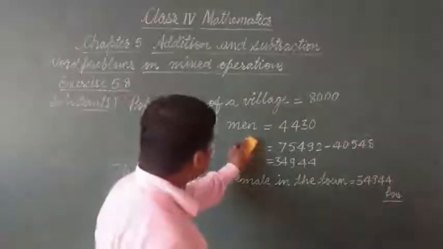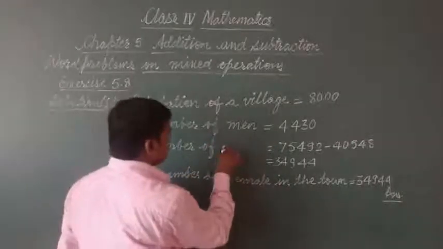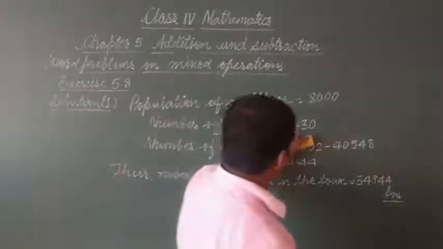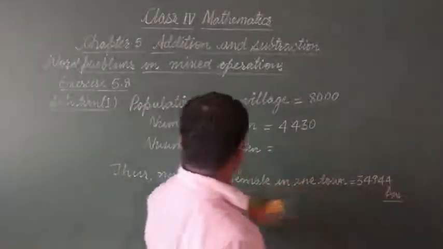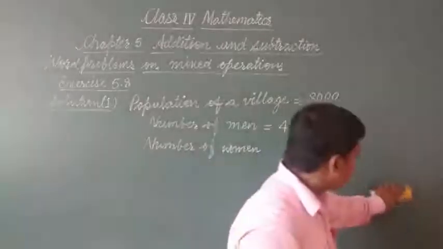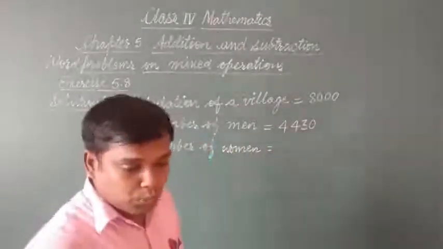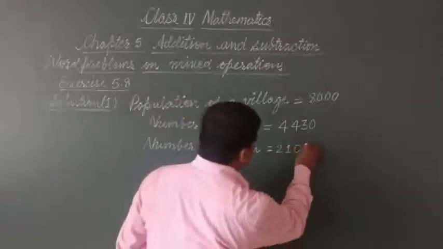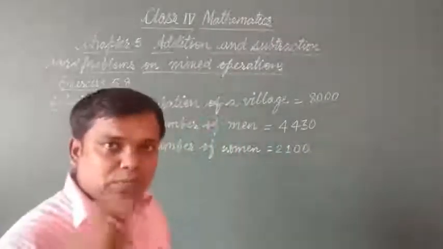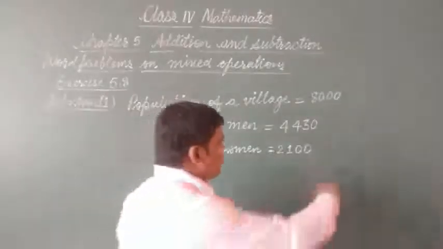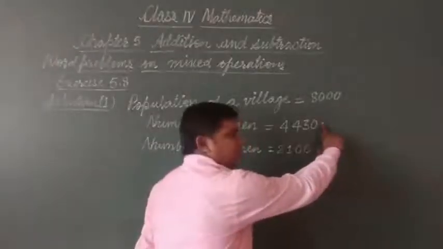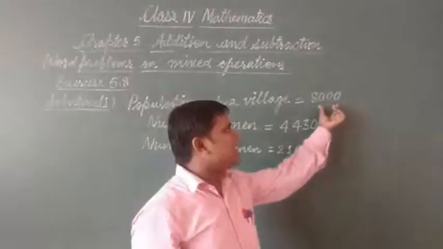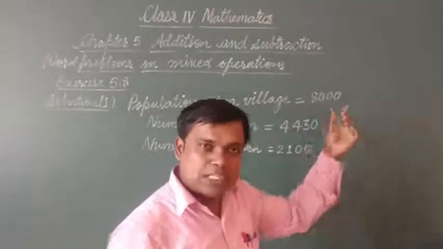Number of women is equal to 2,100. To calculate number of children in the village, first of all we will add the population of men and women, and the sum will be subtracted from the population of the village.